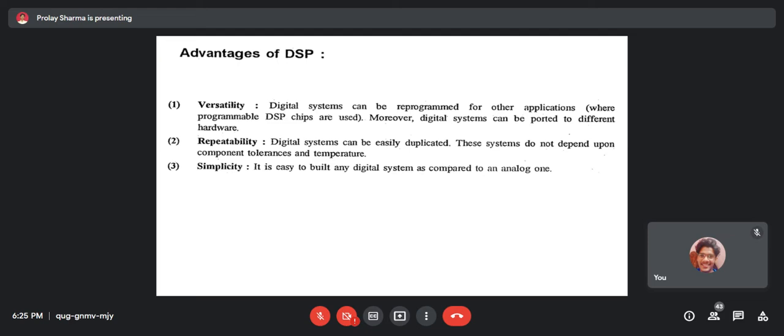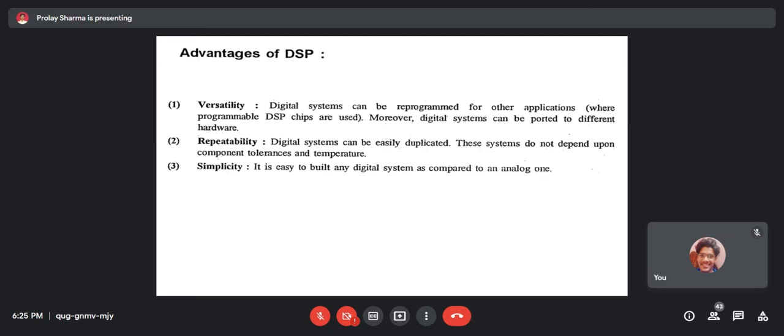Suppose in South Africa, you will get the same music. So temperature tolerance will not be there. Due to temperature variation, there will be no changes in the output. So this is called repeatability. The system is highly repeatable with respect to temperature changes as well as other component parameter changes.